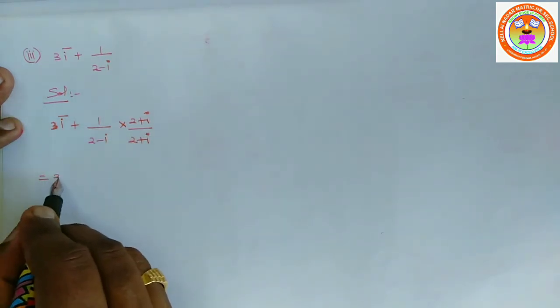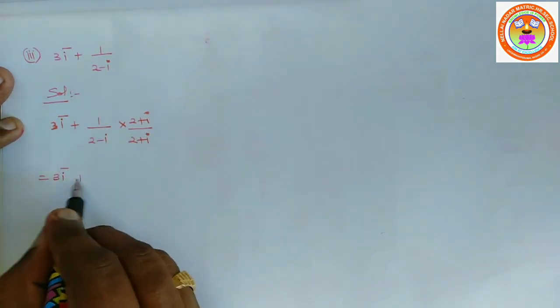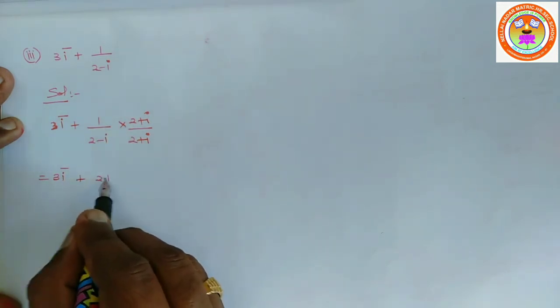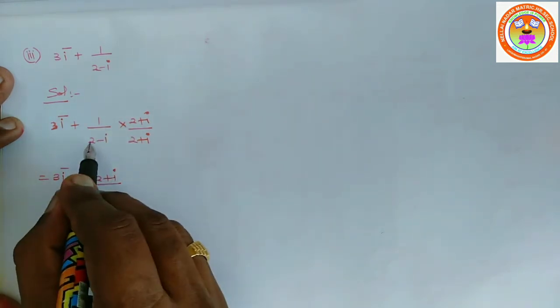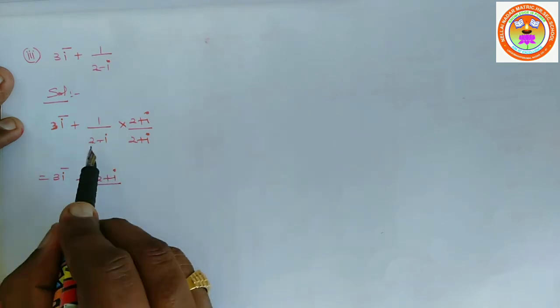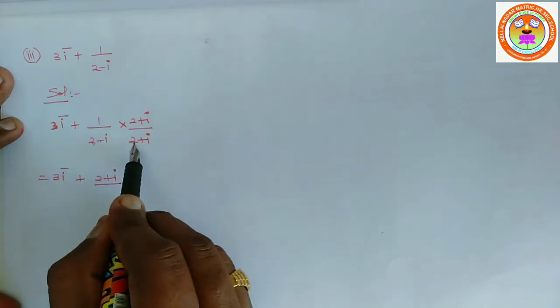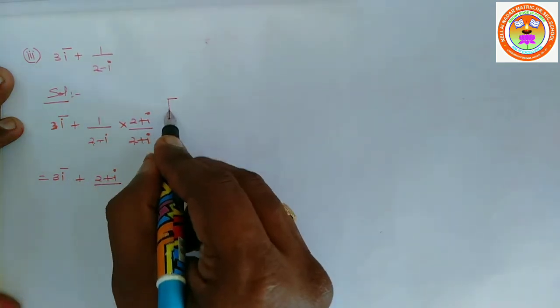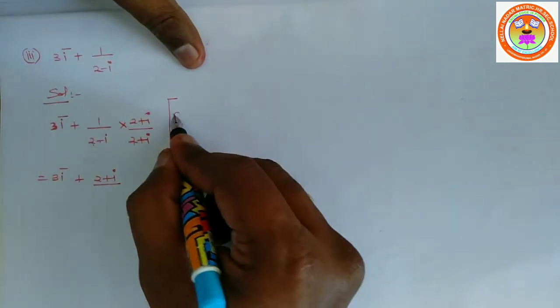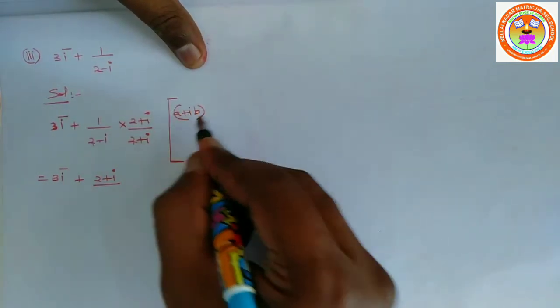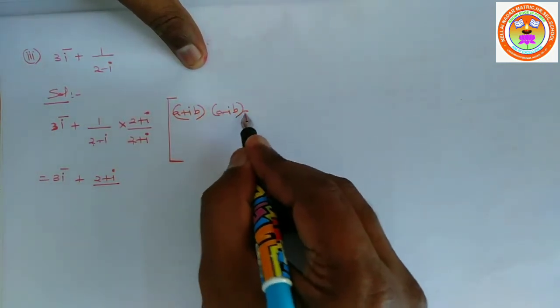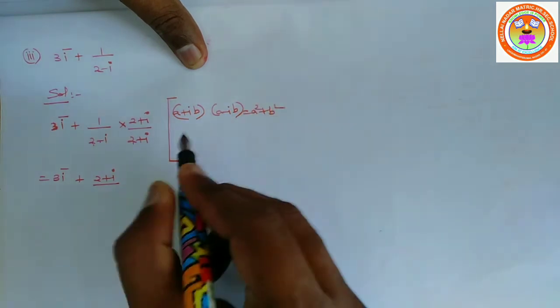The conjugate of 2 minus i is 2 plus i. I will write the formula here: a plus ib times a minus ib is a square plus b square.